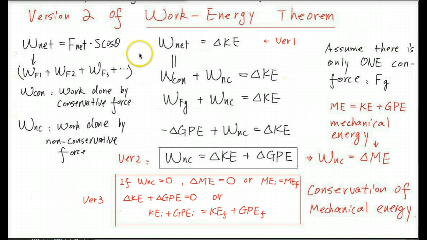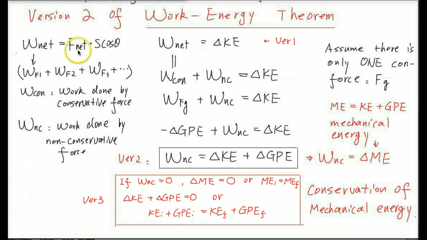First of all, we need to understand that the net work done can be calculated using F net multiplied by the displacement, which is S here, then multiplied by cos theta, the angle between the force vector and the displacement vector.